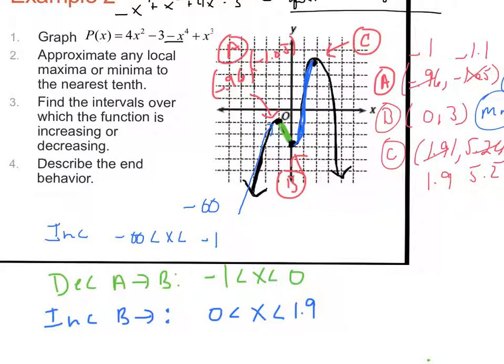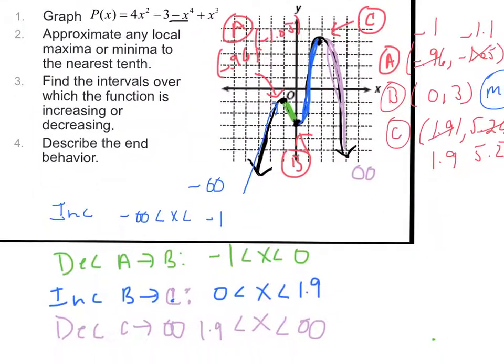And last but not least, we have from C, and because of the arrowhead, this is positive infinity. It's decreasing from C to positive infinity. I apologize, this should have been a C right here. From C to positive infinity. So that means when x is greater than 1.9 but less than infinity, the graph is decreasing.